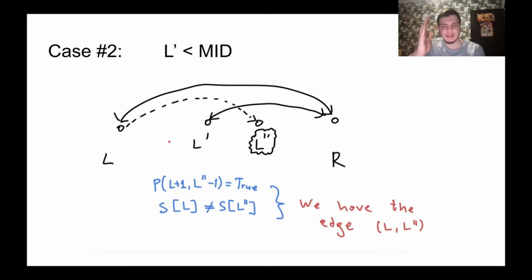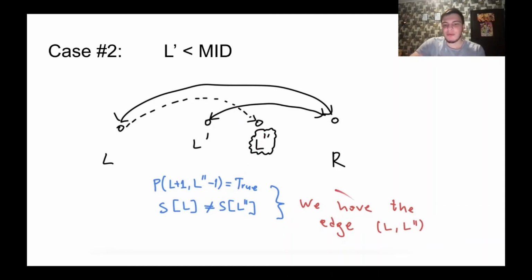Again, L second is based on the symmetry using middle. However, this time L prime is on the left. Clearly L prime and L second will again represent the same vertex, because we have a symmetry at position middle, so these two vertices are symmetrical and represent the same thing. Then we have absolutely the same thing, but the symmetry is on the other side.